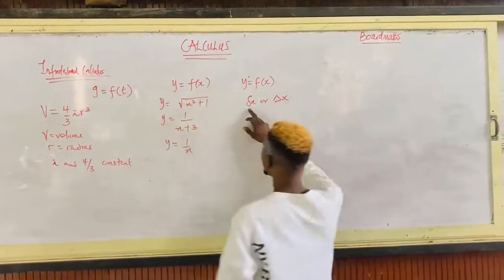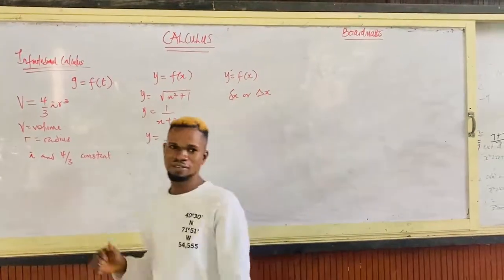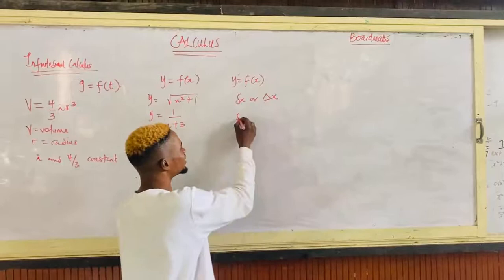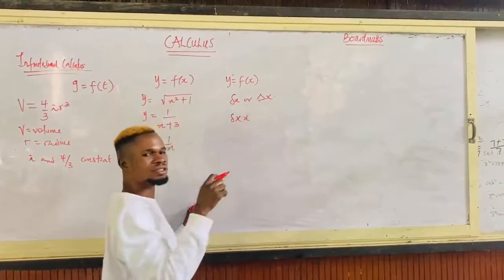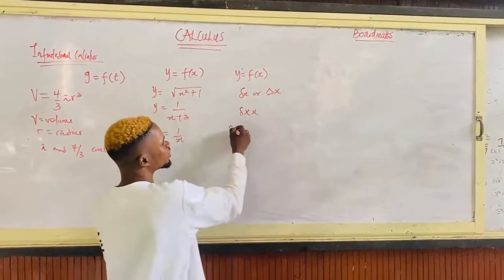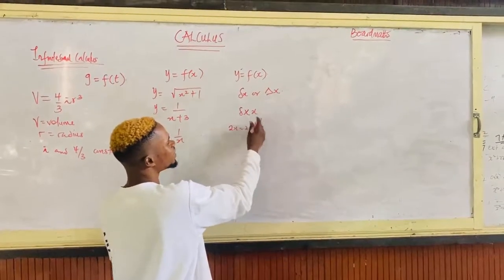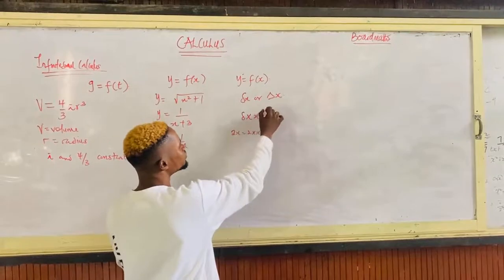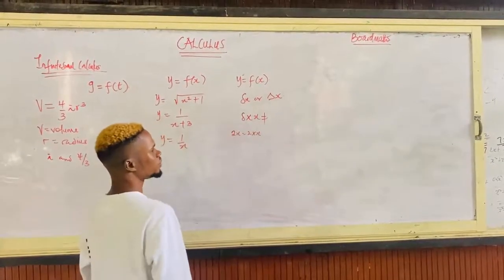Now this del x is not written as delta times x, which is contrary to the ordinary use of algebra, because we know from algebra that 2x is equal to 2 times x. But here the increment is not equal to del times x.